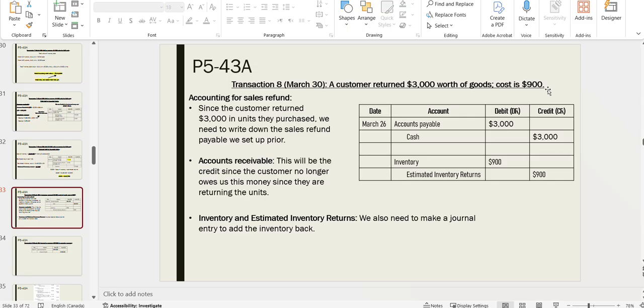Because our customer returned, so the return payable went down, and because we paid cash, our cash goes down also. They returned some amount of our inventory, so our inventory goes up and our estimated inventory returns goes down, because it is not an estimation anymore and our inventory went up for real.